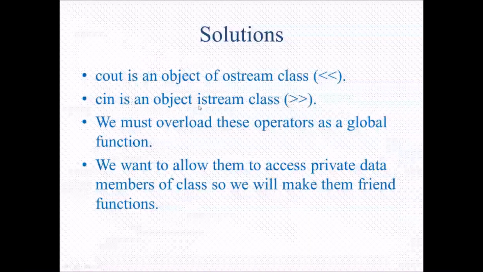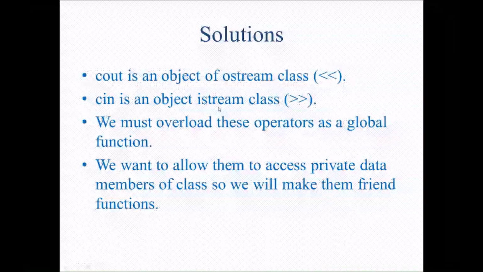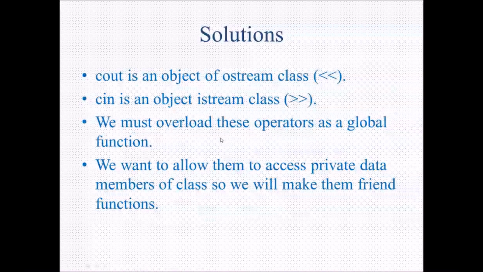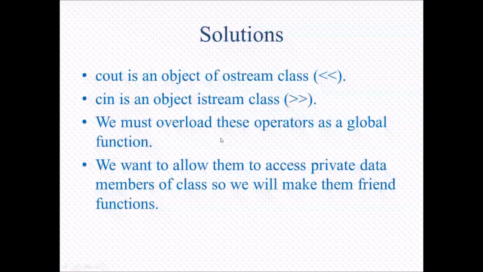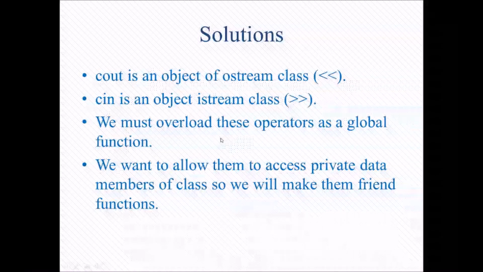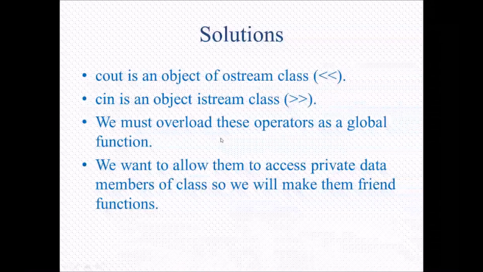Similarly, cin is an object of the istream class for accepting the input along with this operator. We must overload these operators as global functions, so we should not write these operator overloading functions inside the class. We should write them outside the class, and these functions need to access private members of the class.